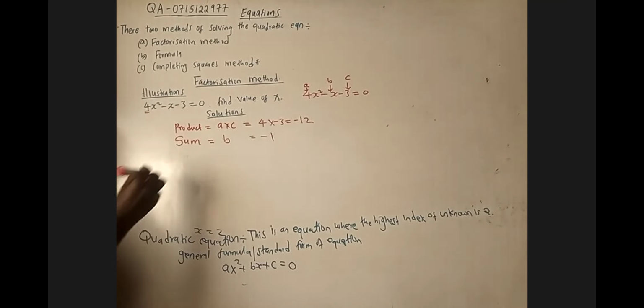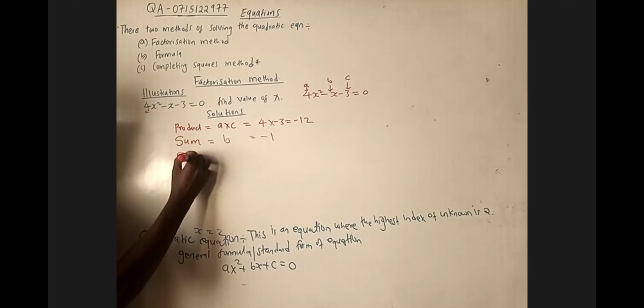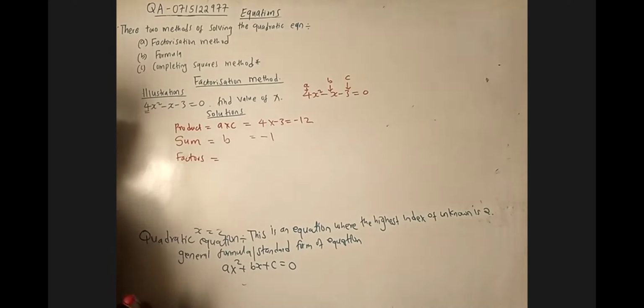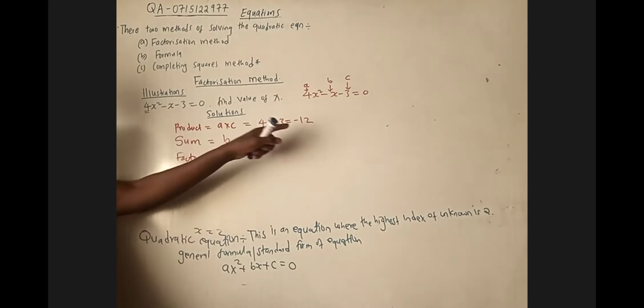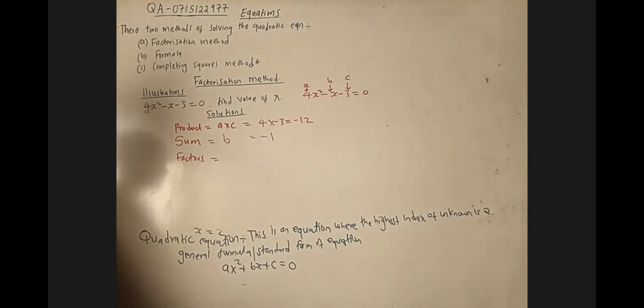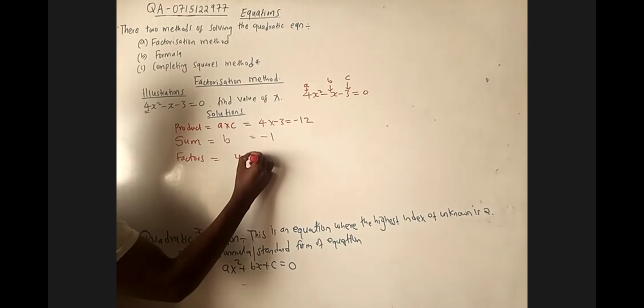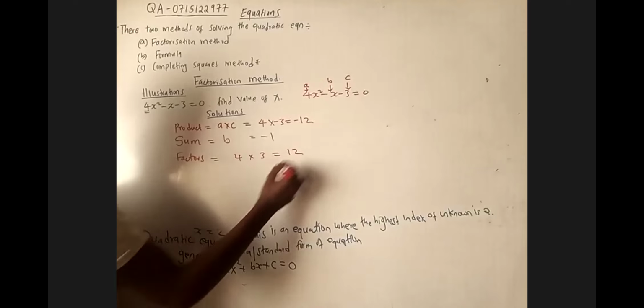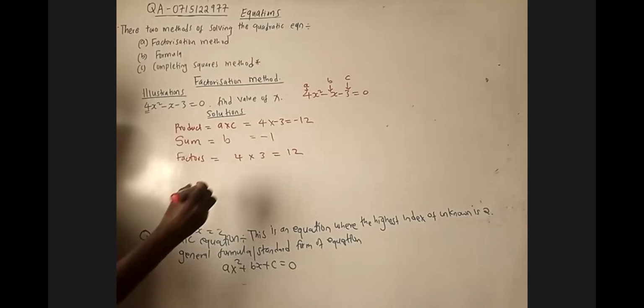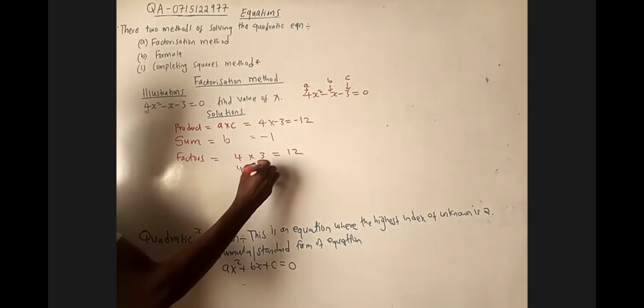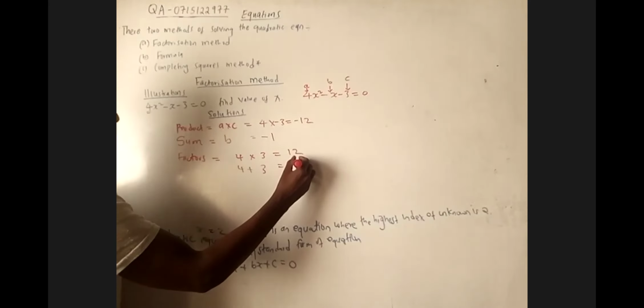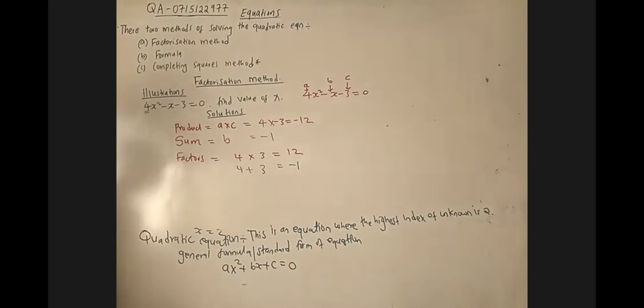Then we can find the factors. Which factors, when we multiply, give us minus 12, and when we add, give us minus 1? For example, 4 times 3 is 12, and 4 plus 3 must equal minus 1. So which one should be negative and which one positive?